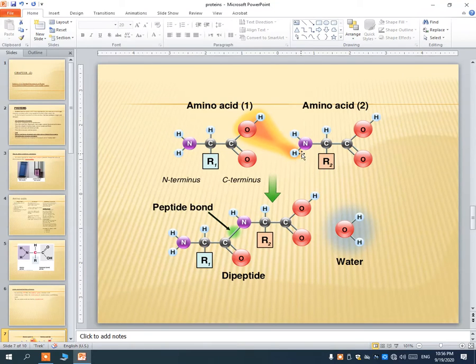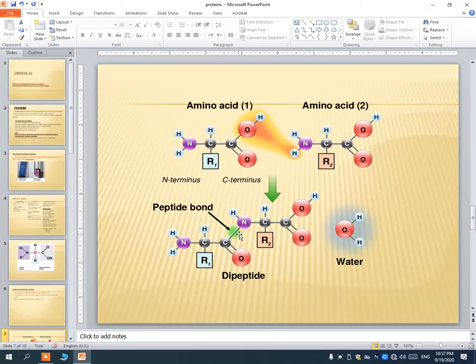We remove the hydrogen from the amine group and the OH from the carboxyl group, HOH, they form water, H2O, then the peptide bond is formed between amino acid 1 and amino acid 2. So we have the peptide bond between the amine group, from which the hydrogen atom is removed, and the carboxyl group, from which the hydroxyl group is removed.